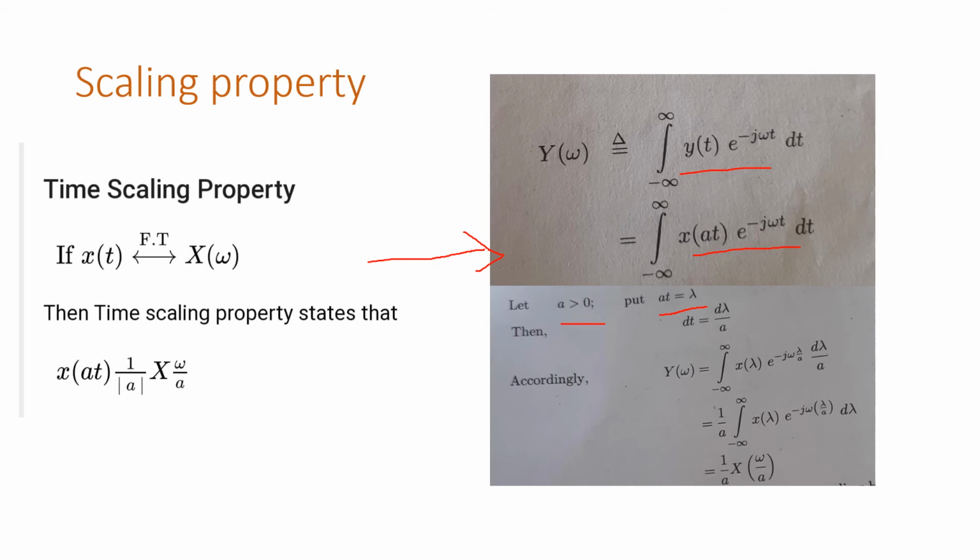And by applying some differentiation properties and integration properties, I have got my answer and proved it. My output is 1 by a x of omega by a, which is matching my RHS. Moving on to the next slide.